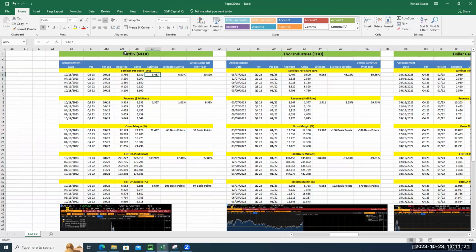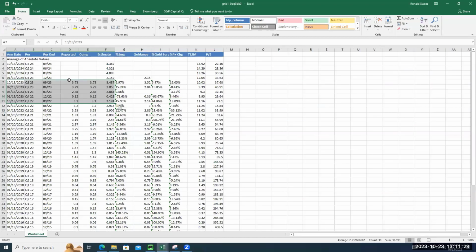Now, the prior periods can be interesting if you want to say, have they beat consistently over time? That you'd have to get your own data. You can see how they've done historically by bringing in all the data. I don't give that to you in the spreadsheet you have, but if you want to say they beat the last 3 quarters in a row, or however you want to say it, you can.